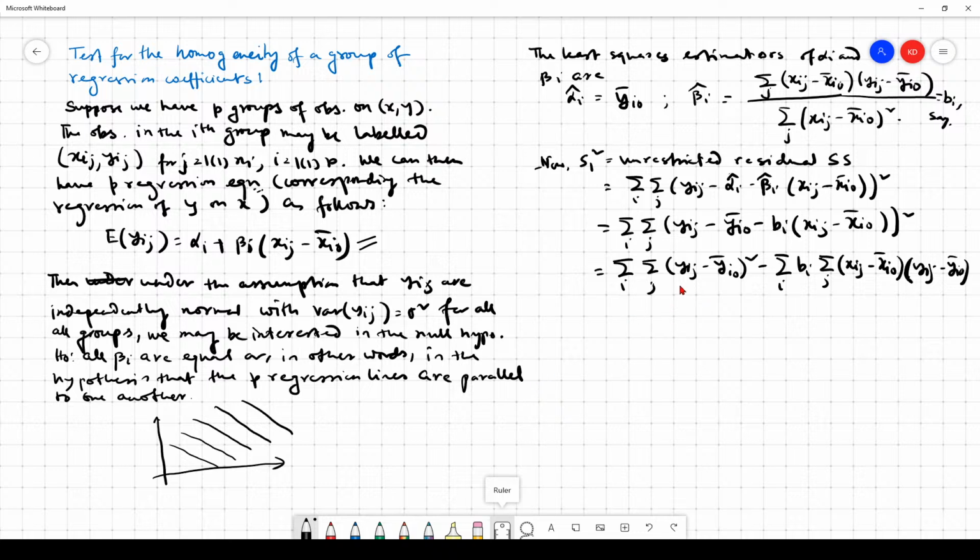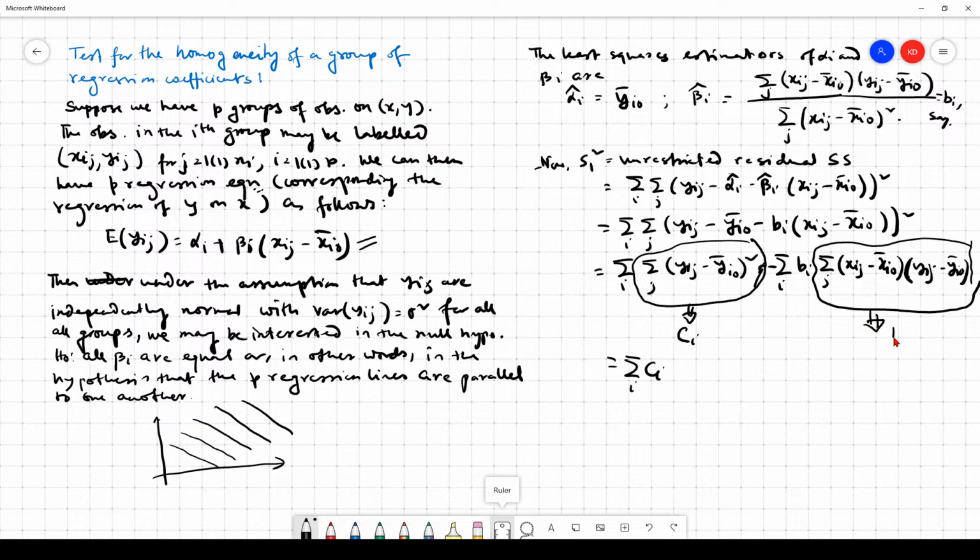I denote the first term by capital Ci, and this term by capital Bi. So this is equal to sum over i of Ci minus sum over i of bi Bi.